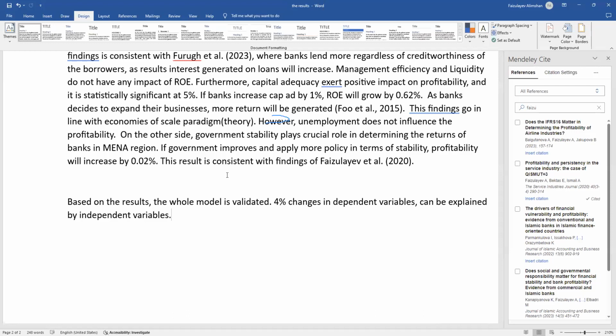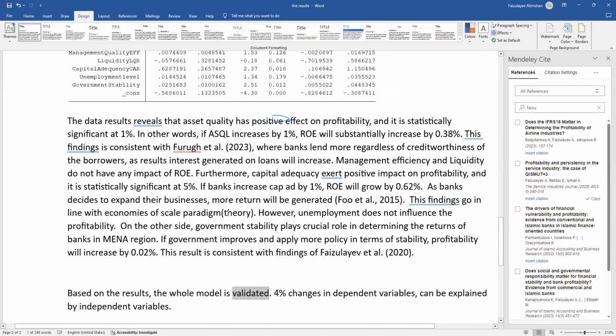Yeah, you explain only the whole model and the R square. That's it. The validity of the model is here. The validity, like the best fitness of the model, whether we should trust the model or not. Yeah.